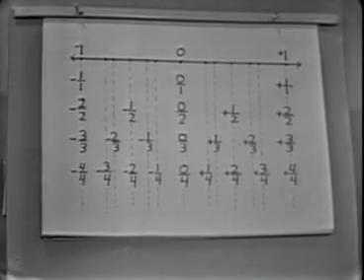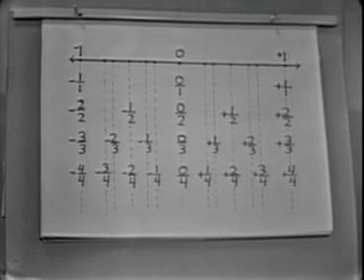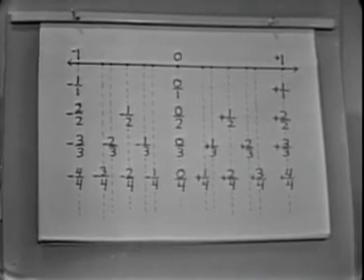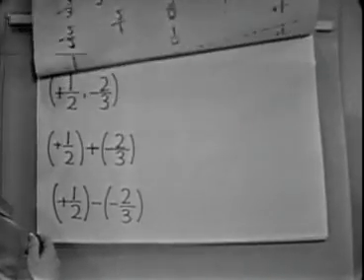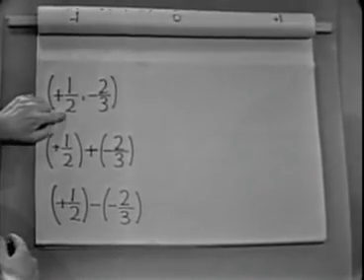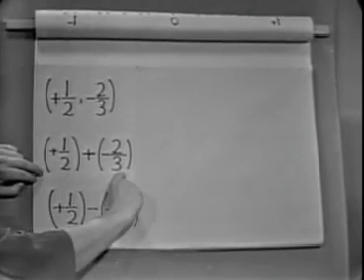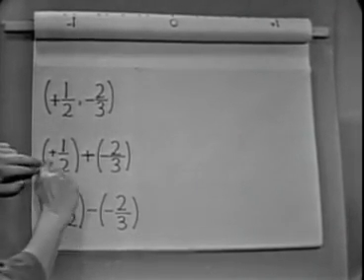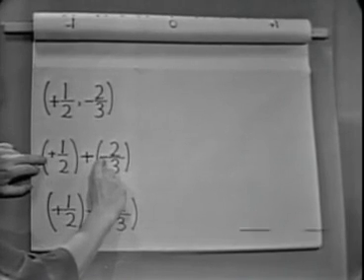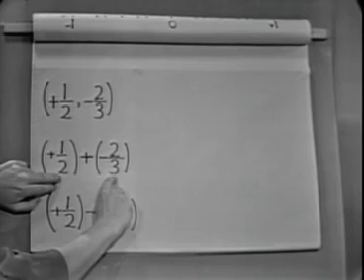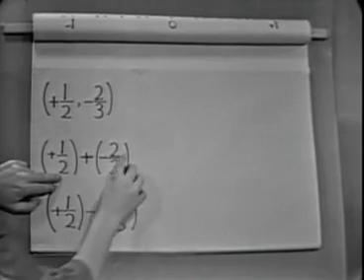Their sums and differences can be assigned much in the same general way as sums and differences are assigned for the integers. Consider the pair positive 1/2 and negative 2/3. We could express their sum in this way. We see that they're oppositely directed and that the magnitudes or lengths are represented by fractions.